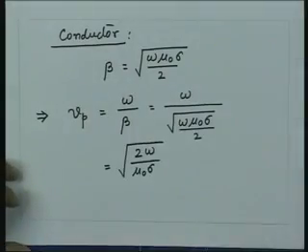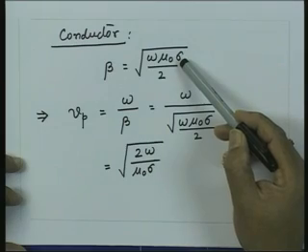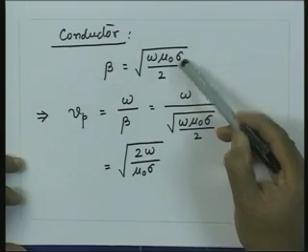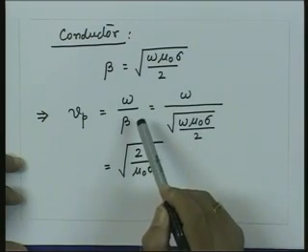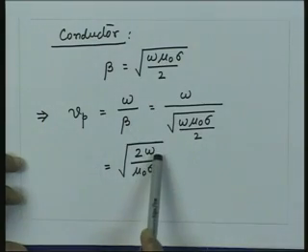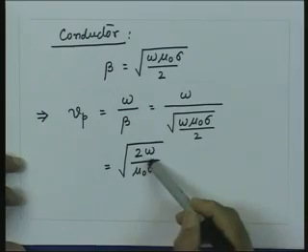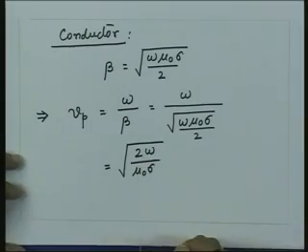However, if I take a conductor, even if the medium properties are not varying as a function of frequency, the phase constant is a function of frequency and the velocity also is a function of frequency. This medium we then call a dispersive medium because the velocity is varying as a function of frequency.